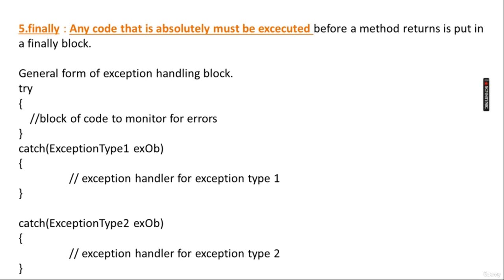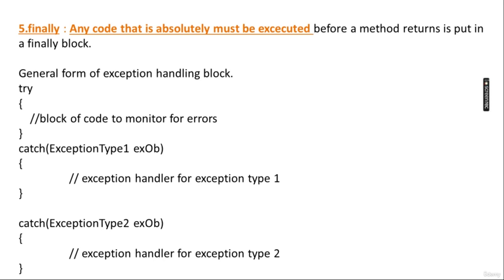But if you want something to be executed no matter whether an exception occurs or not, that line or block of code must be put into the finally block. That piece of code will be executed regardless.